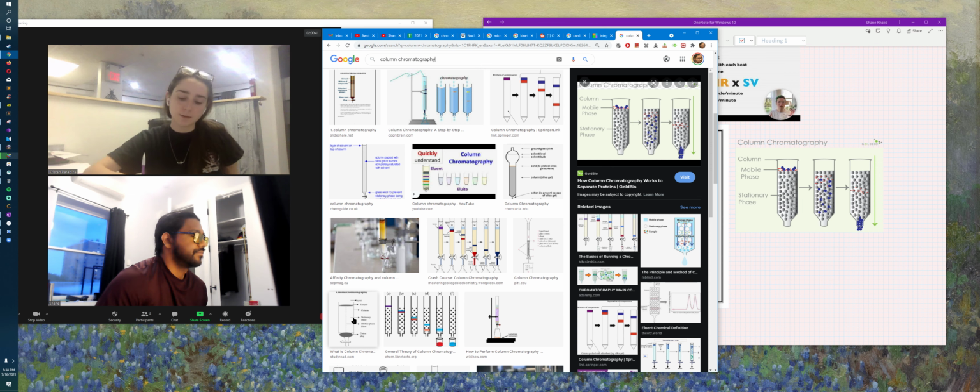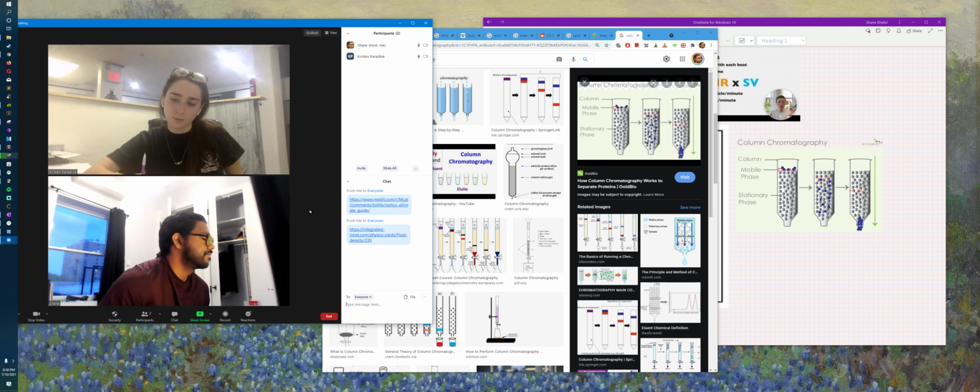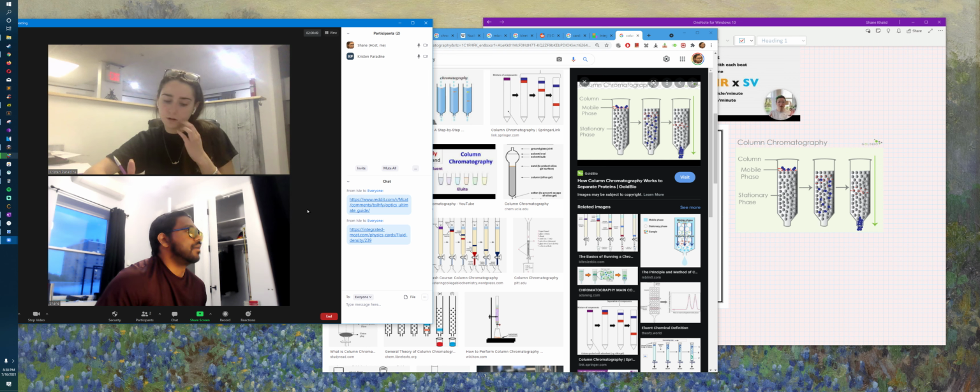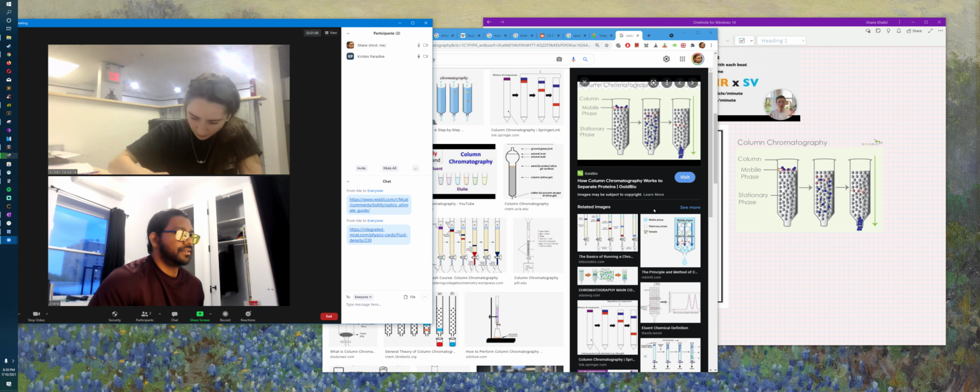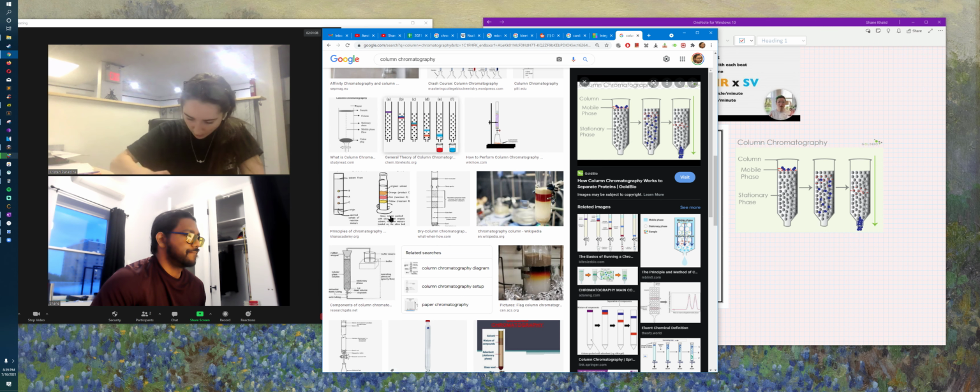Wait, I thought we said before that a higher affinity would elute first. No. If it's a higher affinity for the stationary phase, it won't. The thing that gets stuck is the one with higher affinity. I'm confused. Okay.